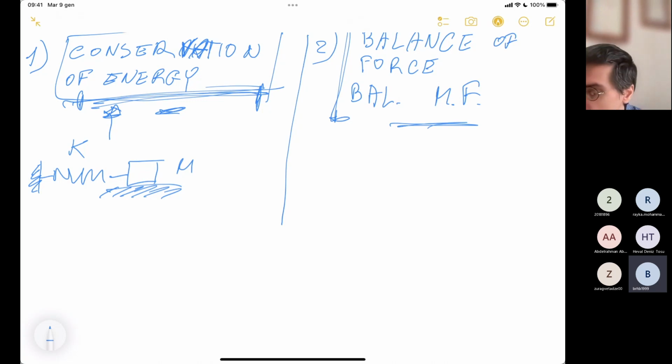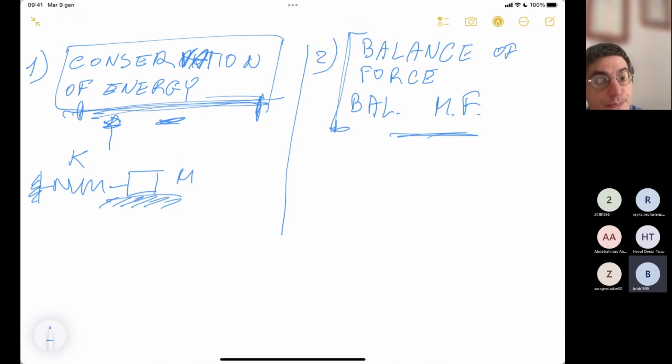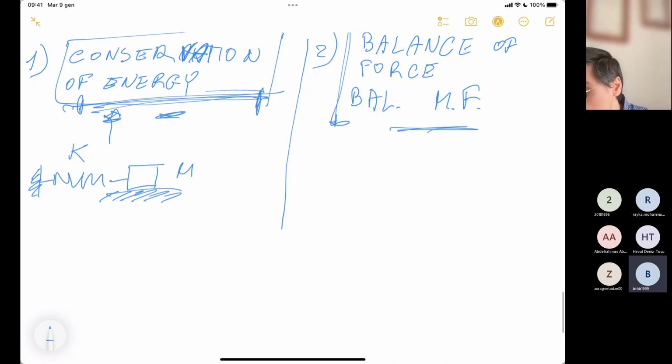In both cases, you have to describe the motion of the mass, this material particle, using a reference frame. So you introduce a reference frame. You can say here there is a variable, let's call it x. And if you know the position x, you know everything about the motion of your system.